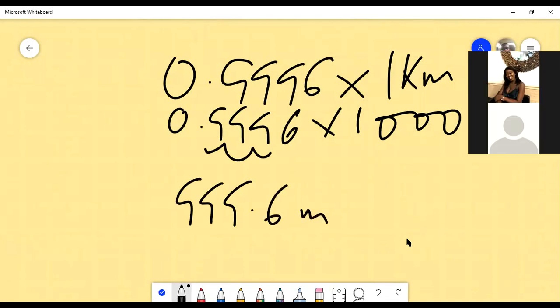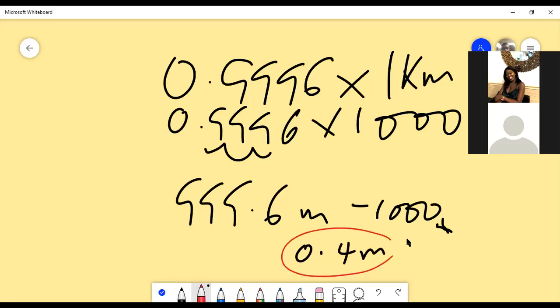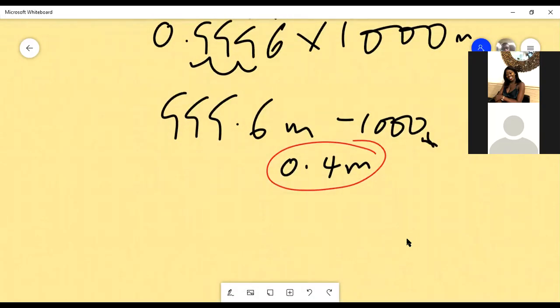Originally it was, what was the length? 1,000, isn't it? So has it reduced or enlarged? Reduced. And by how much? By 0.4. Exactly. All right.